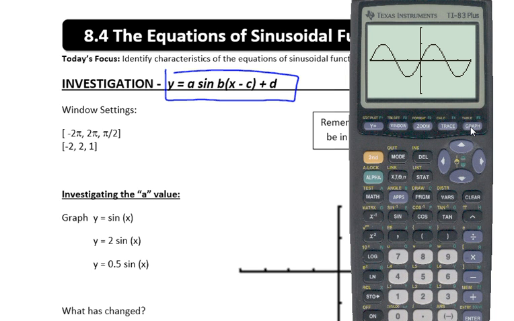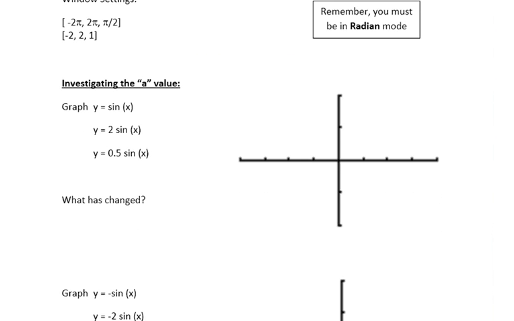Type in y equals sine x, and let's draw this. So let's do a quick sketch. Here we have it going from 0 to 2 pi, and then negative pi, negative 2 pi.